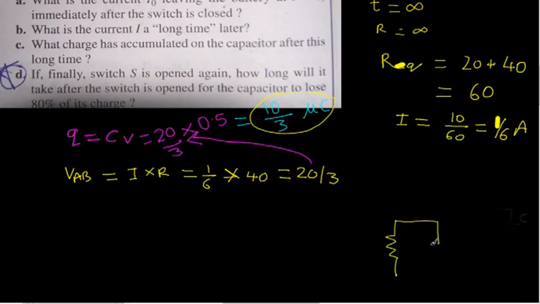You have a capacitor connected over here. Here you have 40 ohm resistance. And here you have a capacitor where you know the total charge. Total charge is 10 by 3 microcoulomb. You know Q naught.